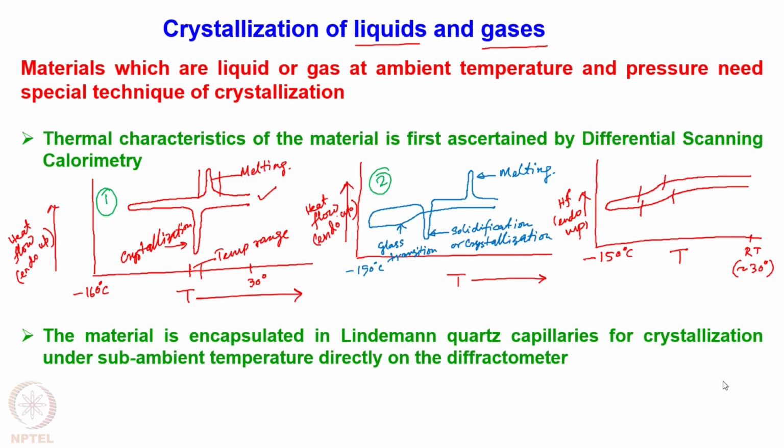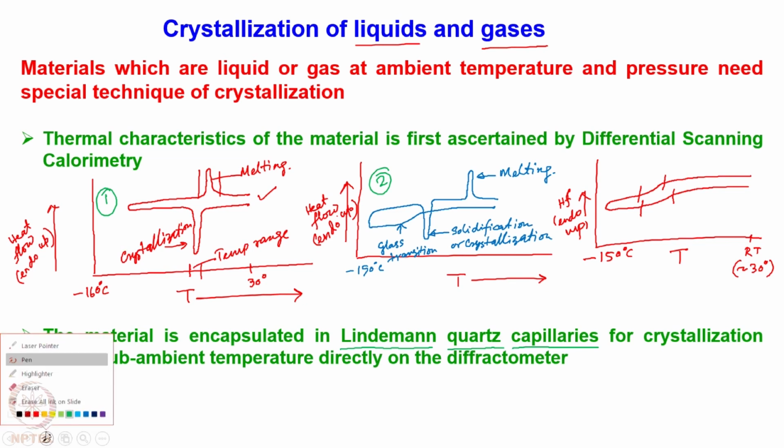So this particular liquid is then encapsulated in a special capillary called a Lindemann quartz capillary. We are using quartz because we would like to do some heating experiments along with cooling. So we will use these Lindemann quartz capillaries for crystallization under sub-ambient temperatures directly on the diffractometer.